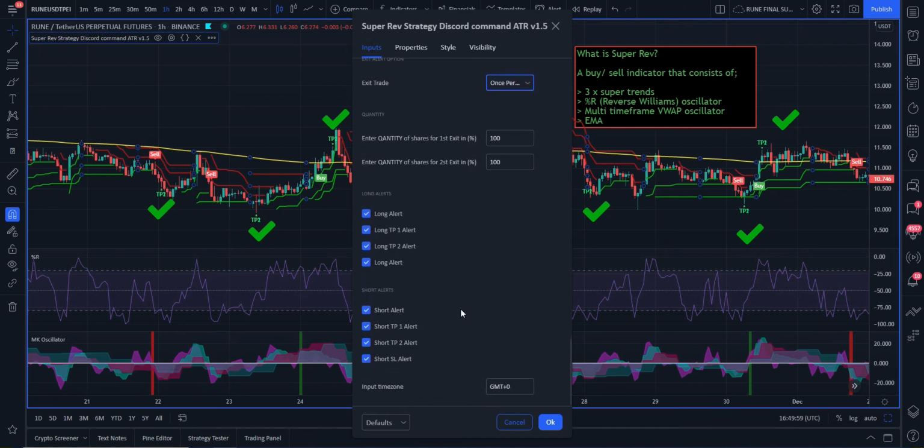If we scroll down here, we have a Discord version of this script. So these are all the alerts. What you will have access to through TradingView is a version that has boxes here, and these boxes will allow you to enter your own webhook commands to your bot service. So when a long alert triggers, it will fire a signal to your bot and enter you into a long, and everyone has their own various commands.